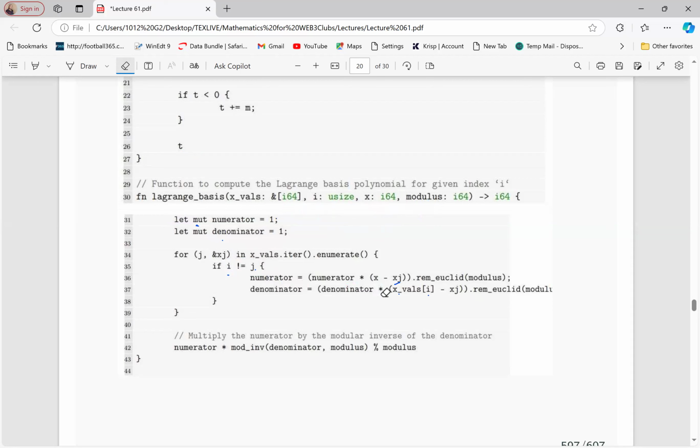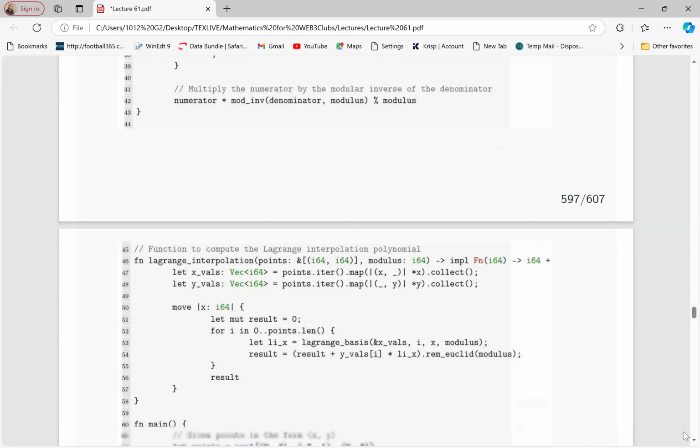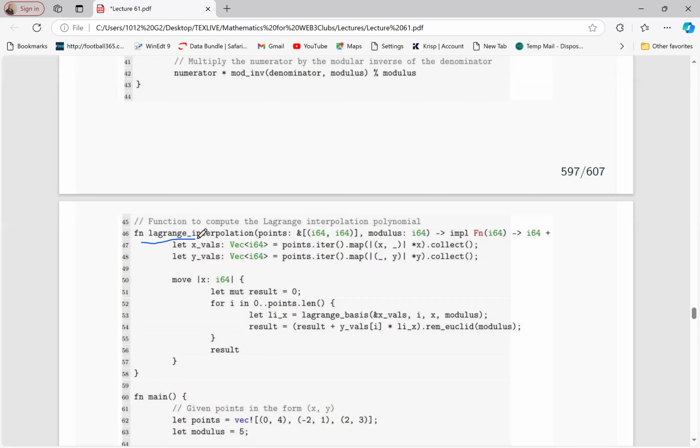After calculating the basis, you know that we're supposed to multiply that by the respective y's, and then sum. So that's what we are doing here. The next function is multiplying those Lagrange basis polynomials by the respective y values.